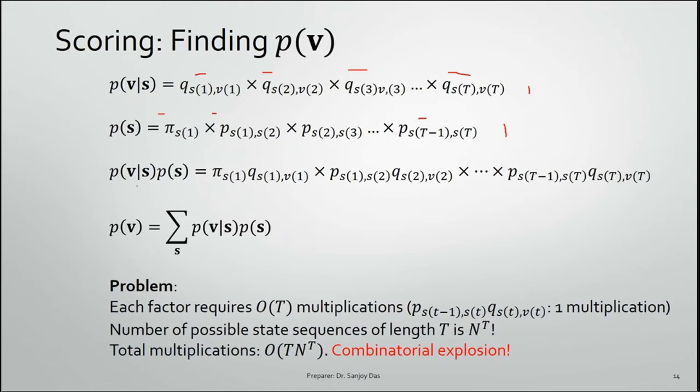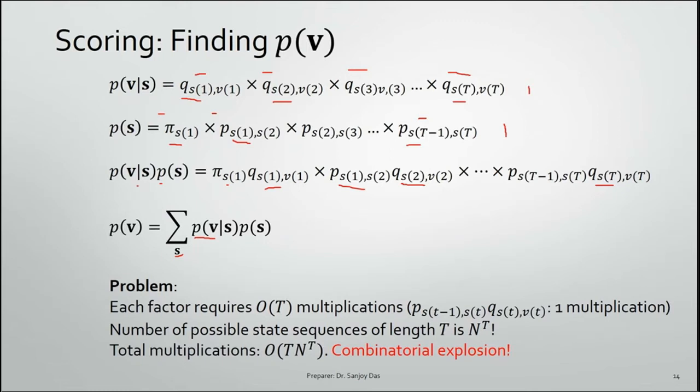So this P of V given S times P of S is pi S1 Q S1 V1, then P S1 S2 times Q S2 V2 all the way to P S(T-1) S T Q S T V T. So P of V is the summation over all possible state sequences S of P of V given that state sequence times P of S.